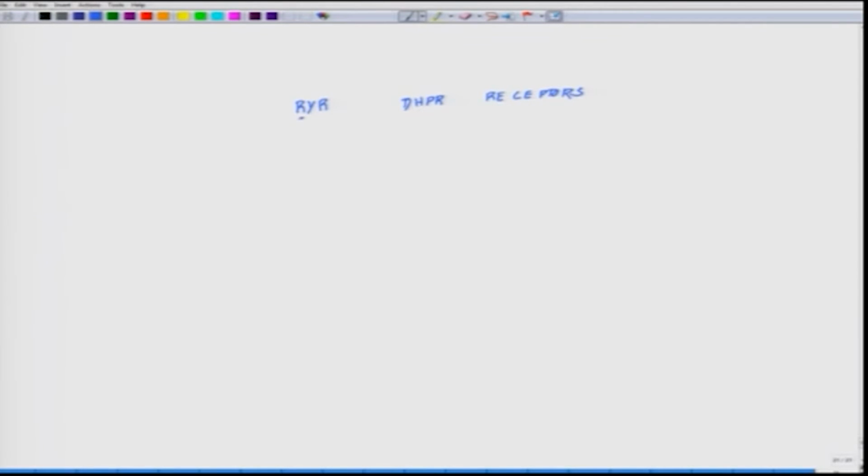Let me give you the full form. RY stands for ryanodine, R stands for receptor, D stands for dihydro, P stands for pyridine, R stands for receptors.